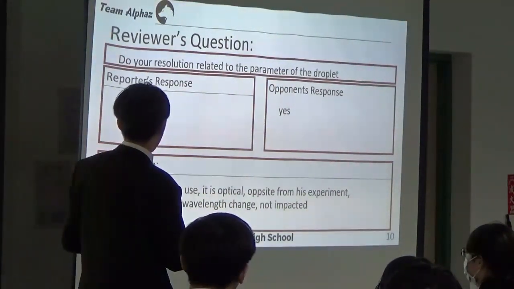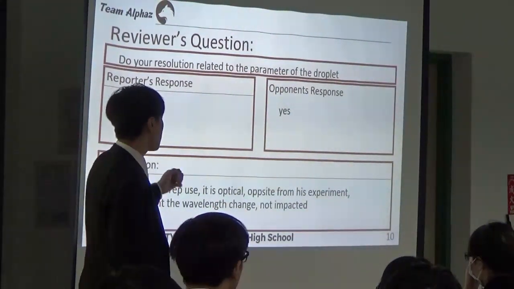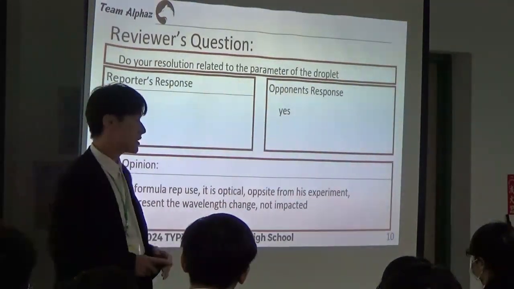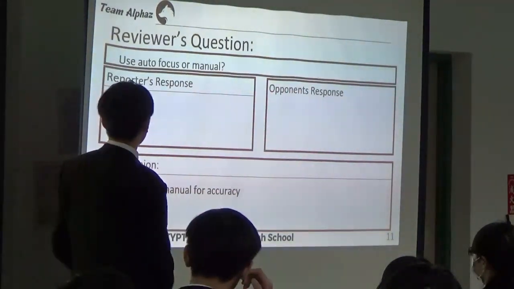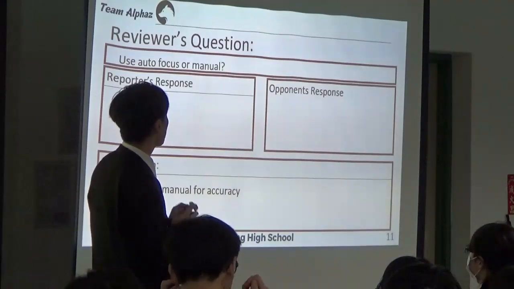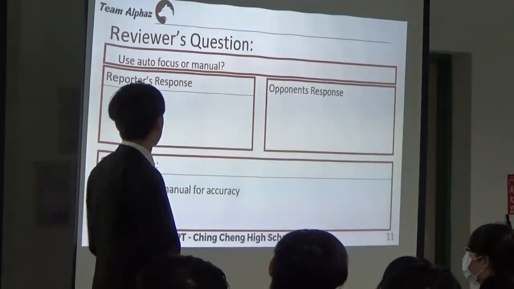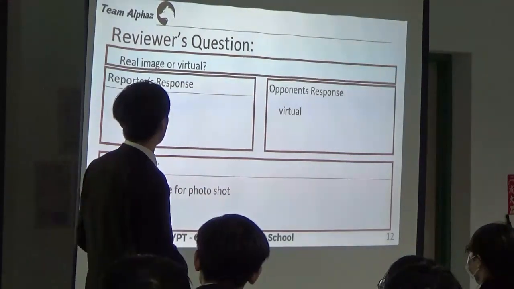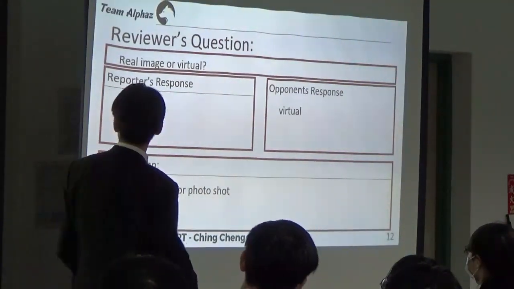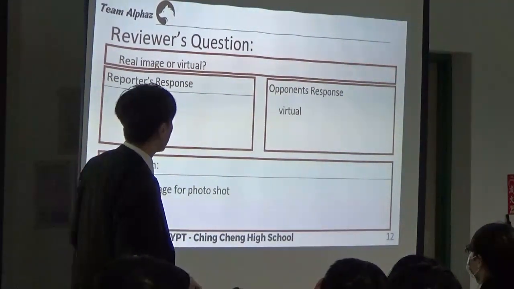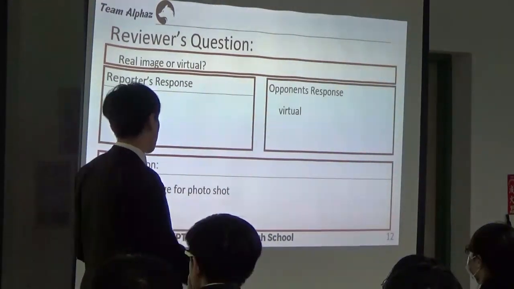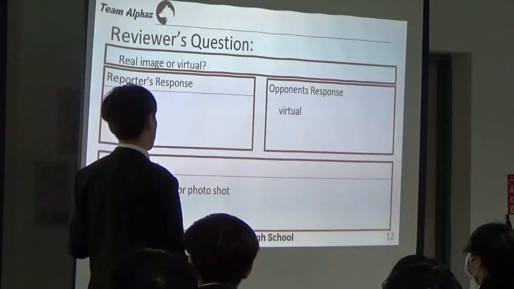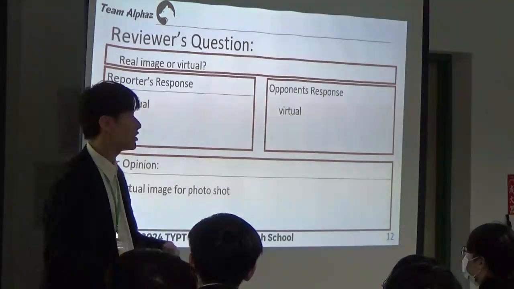The optical resolution represents the wavelength change, so it has no impact. For autofocus or manual, they use manual, and we agree that it should be used. For real image and virtual image, the reporter answered virtual, and the opponent also thinks it's virtual, and we think it's also a virtual image for a photo that is shot.